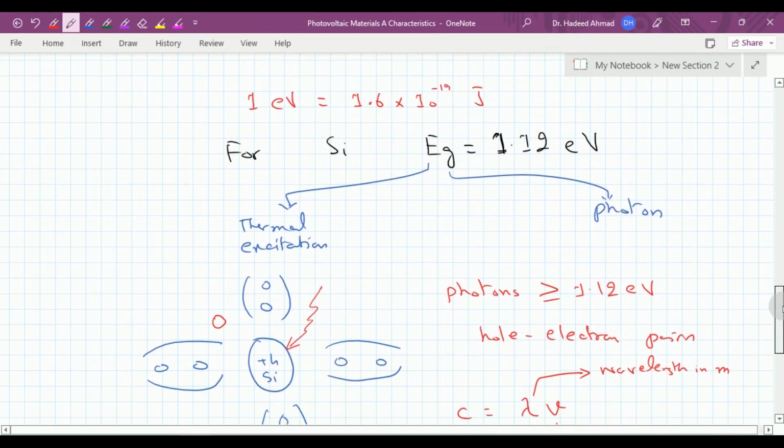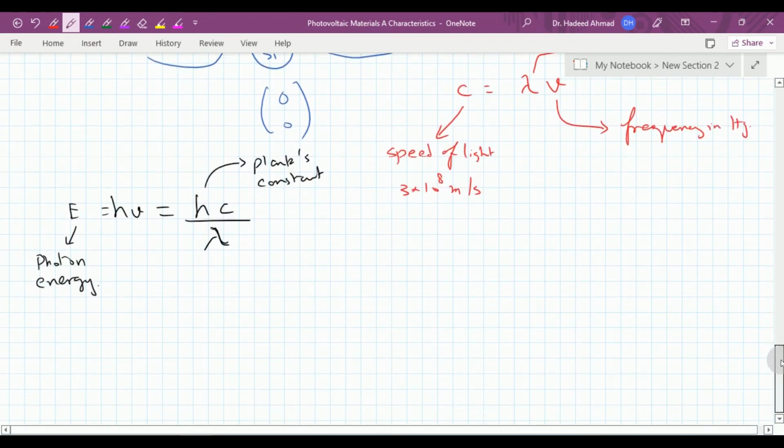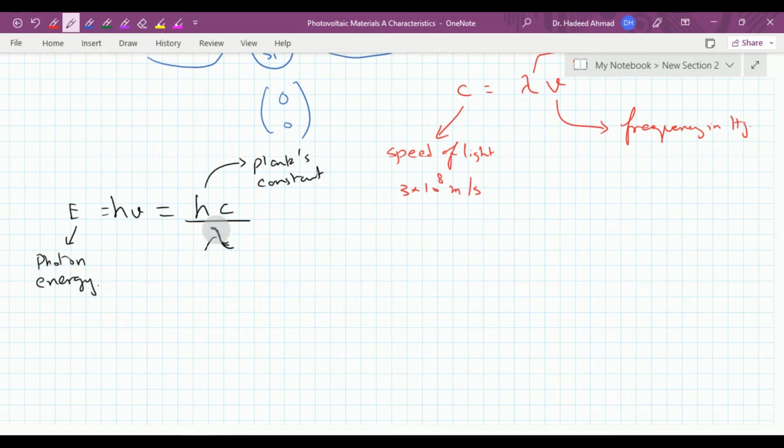The solar spectrum is based on the wavelength, not on the electron volt or the band gap energy. And therefore we want to introduce lambda as a parameter which we can relate to the band gap diagram of a silicon material.